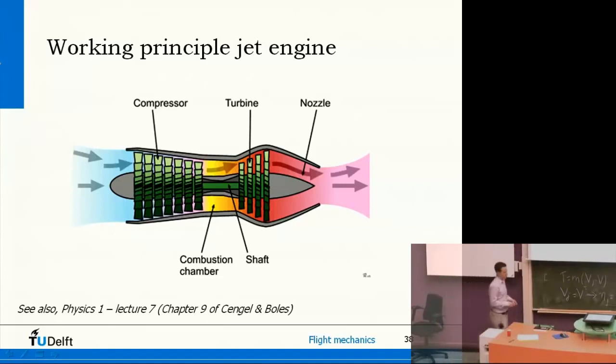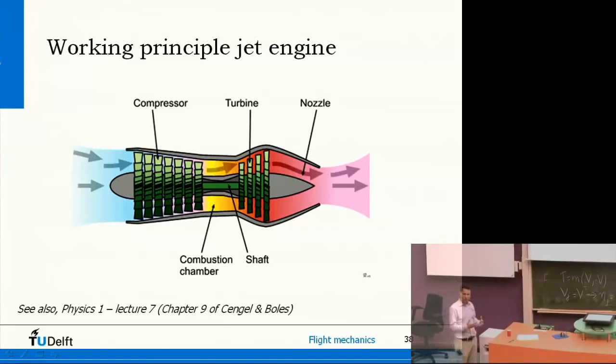Now, because it starts to rotate, a part of the energy is extracted out of the air, and that rotation is used to drive the compressor. But since we put a lot of energy into the gas in terms of kerosene or fuel, there's still a lot of energy left after the air has passed through the turbine.